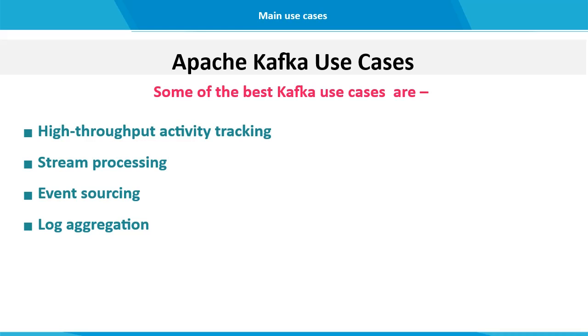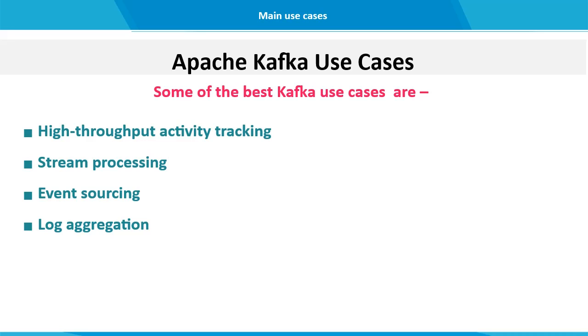Second use case is stream processing. For example, in an IoT application that consists of automated thermometers, we can keep track of average temperature over a time and trigger an alert if a reading deviates from a target temperature range.